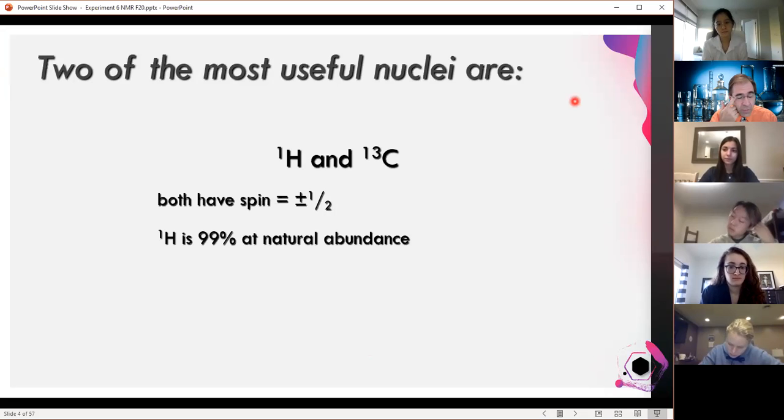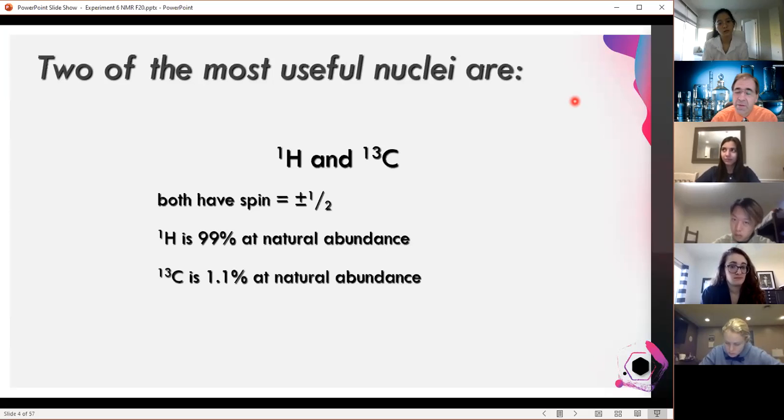And this works pretty well for us, especially for proton, because 99% of all protons that exist in the world are proton 1, which shows up in the NMR. There's a few deuteriums. If you're lucky, you might find a tritium, but not very often. So pretty much all you've got is that active. Carbon, on the other hand, right, most of carbon is carbon-12. So carbon-13 is the nucleus that will show up in the NMR, and it's only 1.1% naturally abundant.